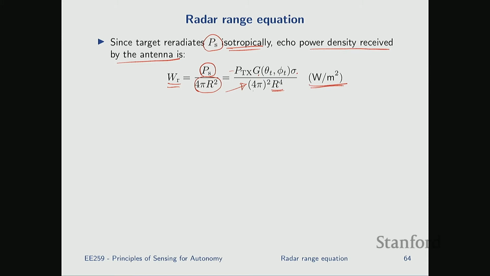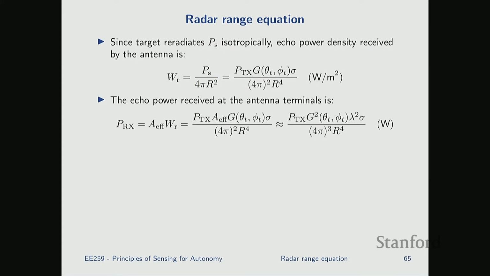That's the power density. We have one more thing to calculate. Okay, this is the incident power density, how much power would the antenna actually deliver to our receiver circuitry? And that, as we know by definition, the power delivered to the receiver electronics is just the antenna effective area times the incident power density.